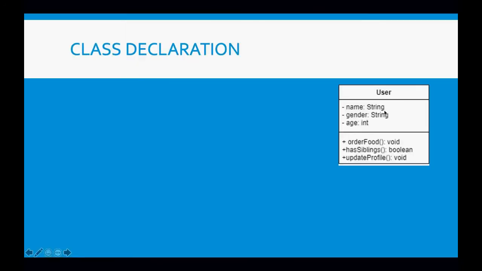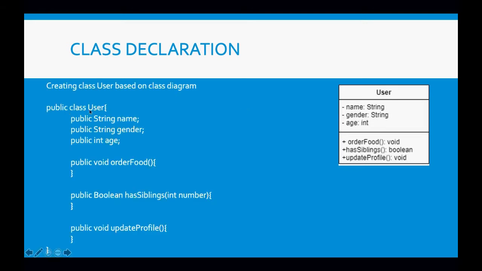So for us to declare this class, you've probably done different kinds of class declaration without even realizing it, because when you create a class, that's the class declared. So you need a public class user, and the class diagram is useful because it basically tells you what to put in your class.